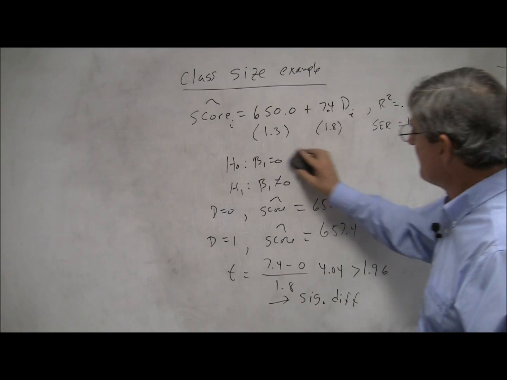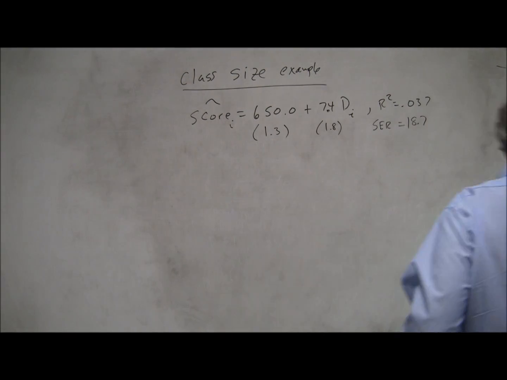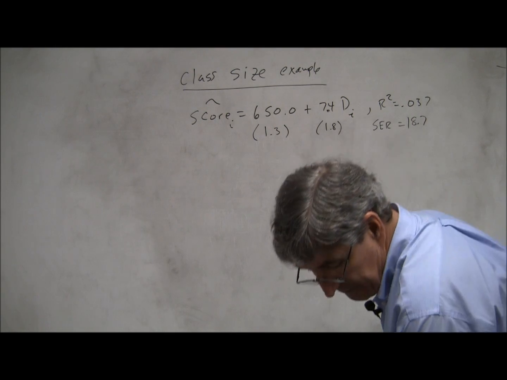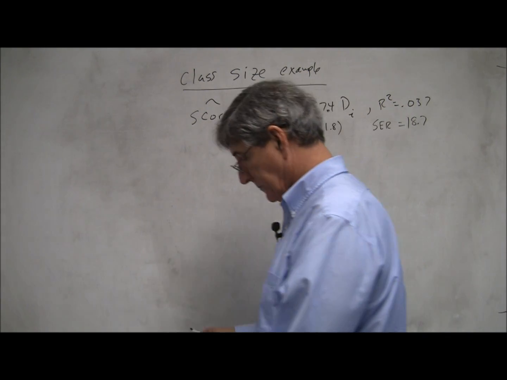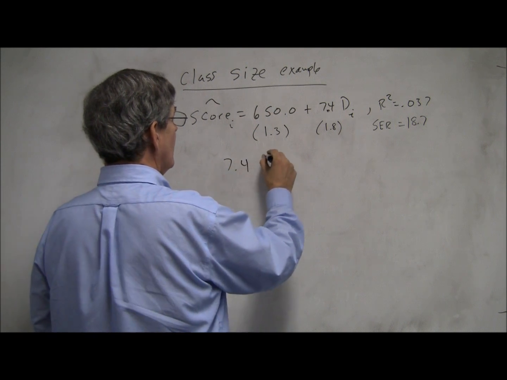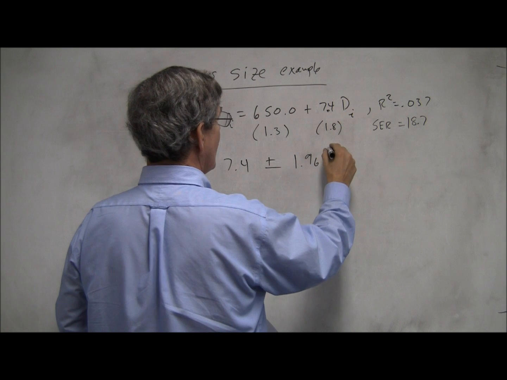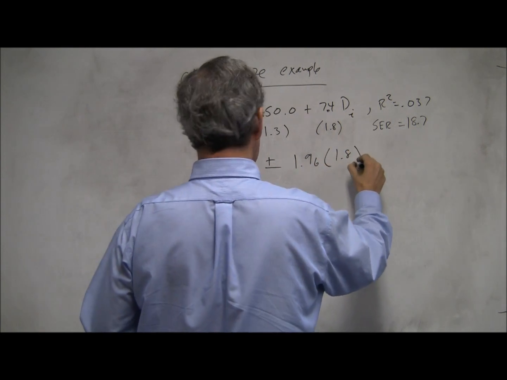What about the 95% confidence interval for beta 1? It's going to be 7.4 plus or minus 1.96 times the standard error, 1.8.